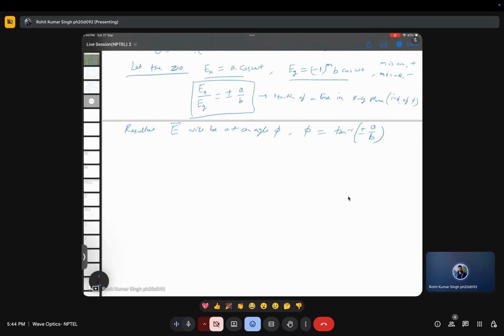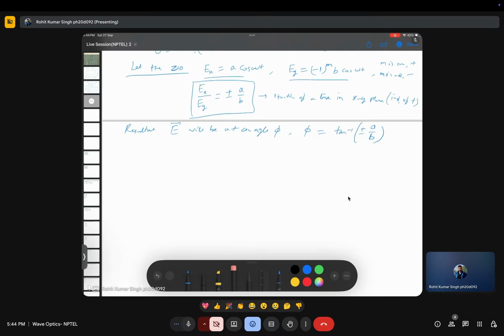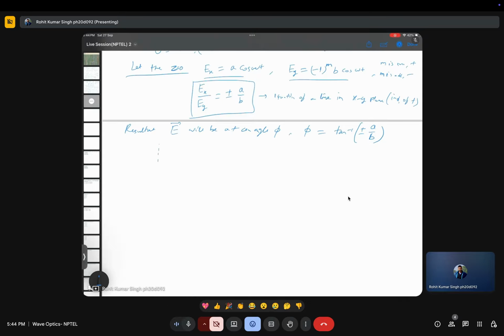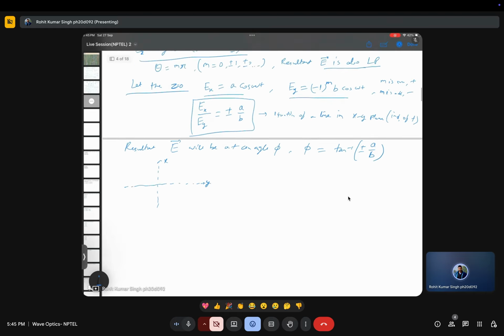Now let's try to draw it. So this is the x direction, and this is the y direction, okay. So for these two waves, let's first draw if b is 0, so you don't have the y component, so this is the Ex, so it is oscillating in x direction, fine.